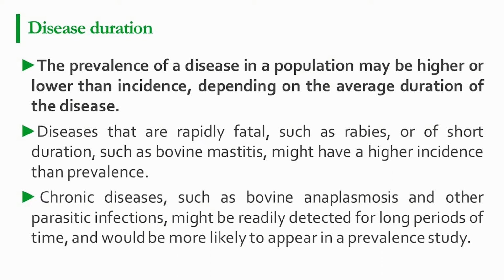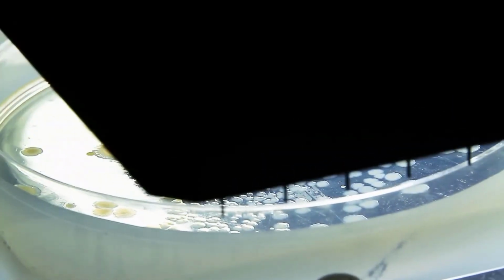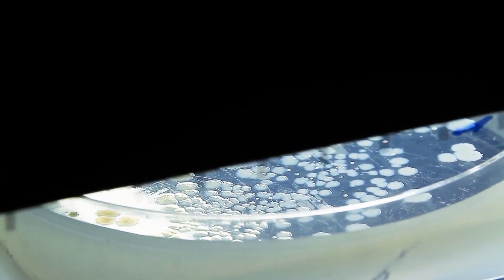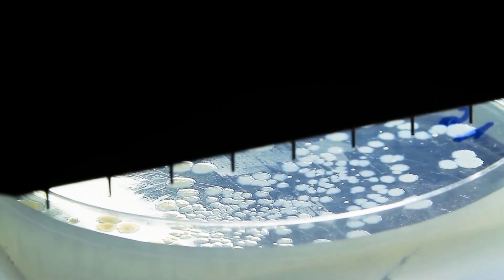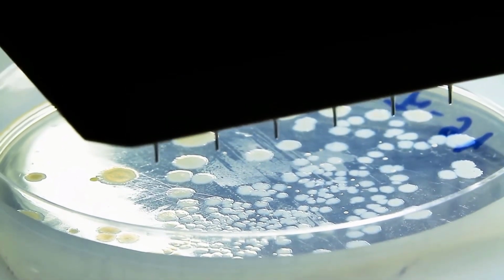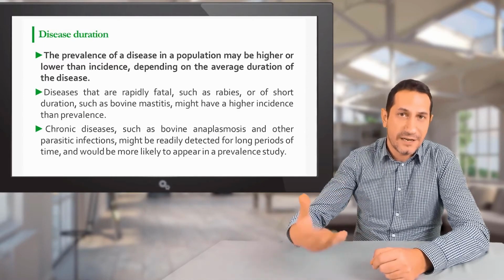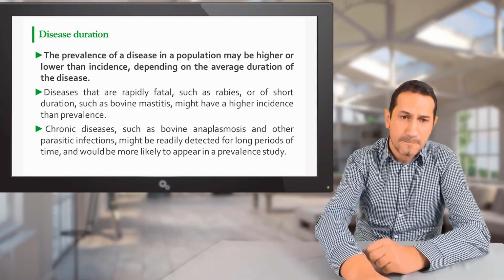And while in chronic diseases such as, let's say, tuberculosis or anaplasmosis or other parasitic infections, the cases persist for a long time in the population, so they are prevalent for a longer period, and so they most likely would have an increased prevalence in such instances.